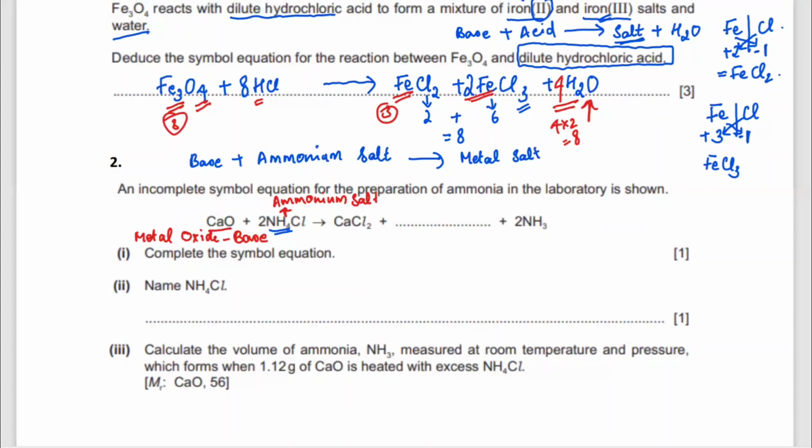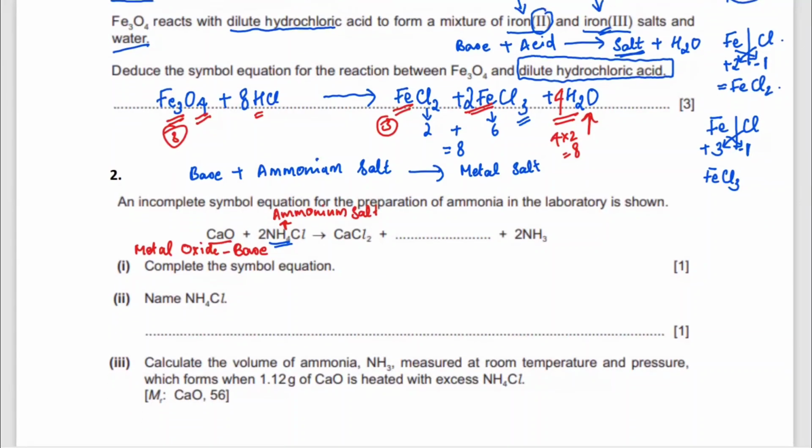A salt wherein the cation will be the metal of the base, plus ammonia, which is NH3, plus water. So this will be the general equation. And if you see the equation over here, CaO, that is a base, plus ammonium chloride salt gives the corresponding metal salt, which is calcium chloride, plus ammonia is also given. So the missing part is water.